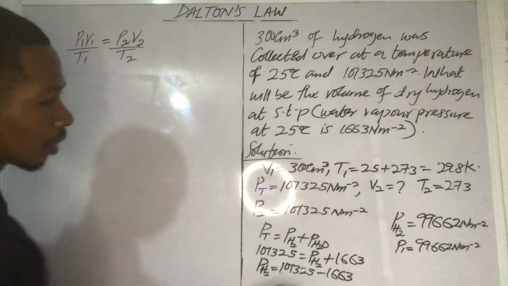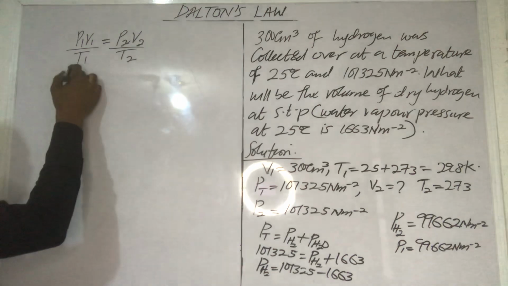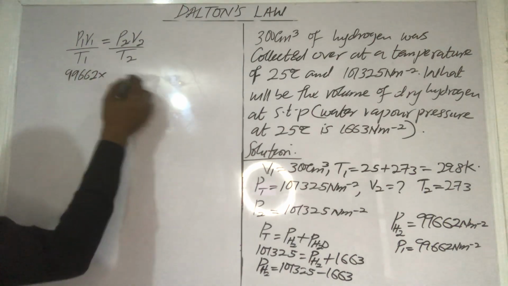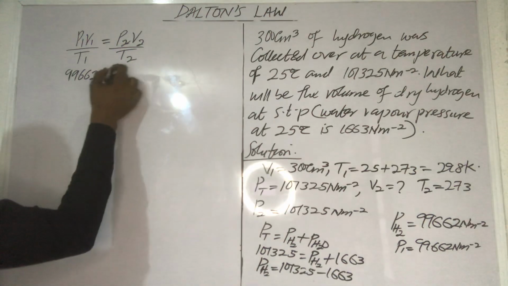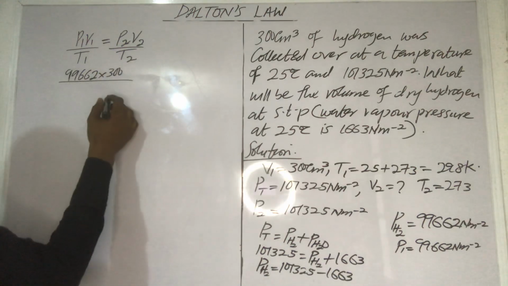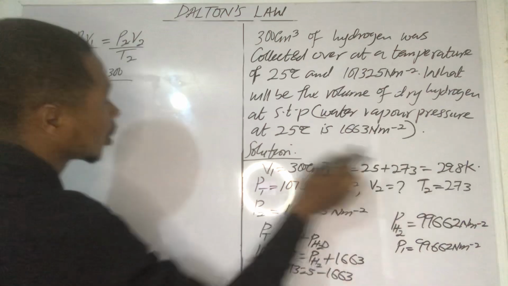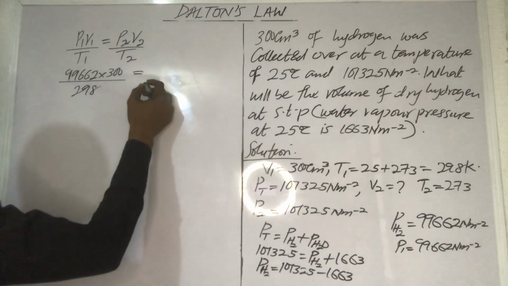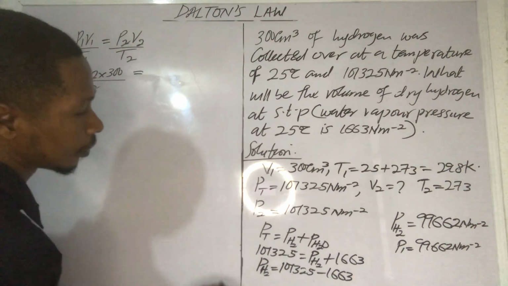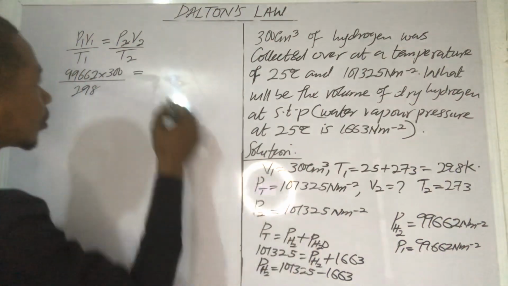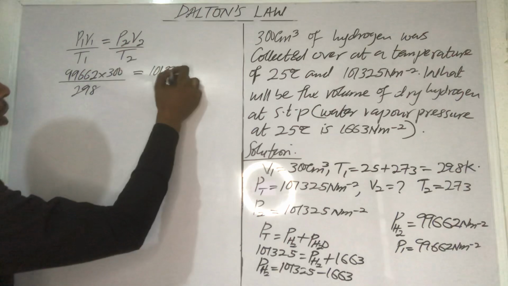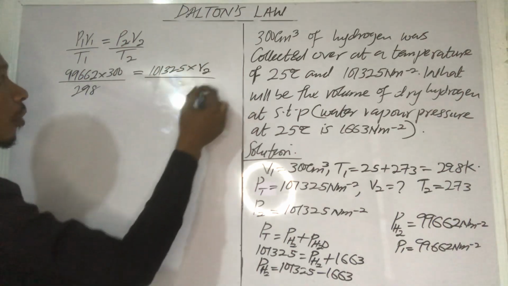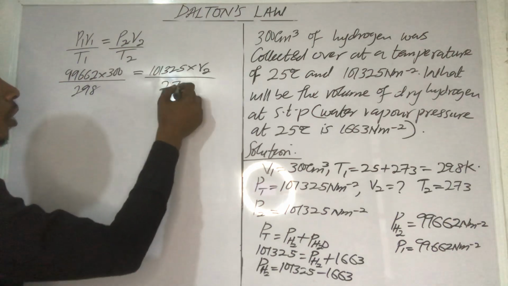So my P1 is now this one, that's 99662, times V1, which is 300, over T1, which is 298, is equal to P2, which is 101,325, times V2, which is what I'm looking for, over T2, 273.